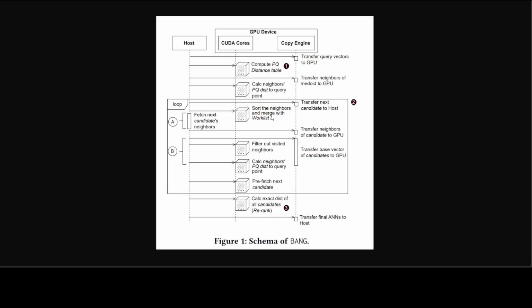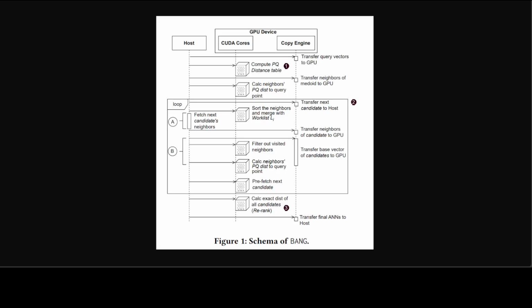If you look at this diagram, BANG is performing approximate nearest neighbor search on a CPU-GPU hybrid system, where you can see the complete workflow of BANG. Given a set of available queries, BANG processes the queries in parallel by effectively using the CPU, which is the host, the GPU, which is the device, and the PCIe data transfer link between CPU and GPU.